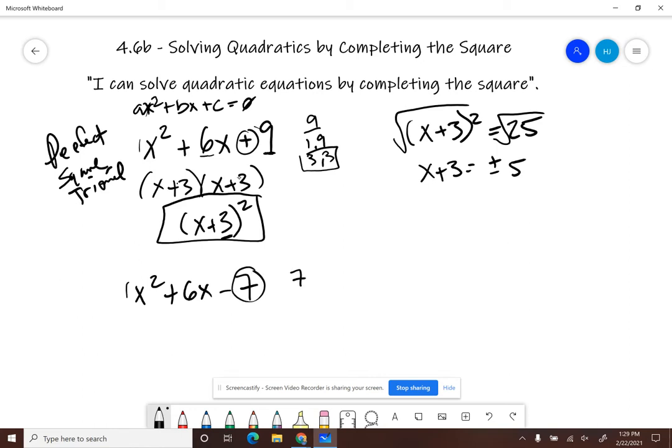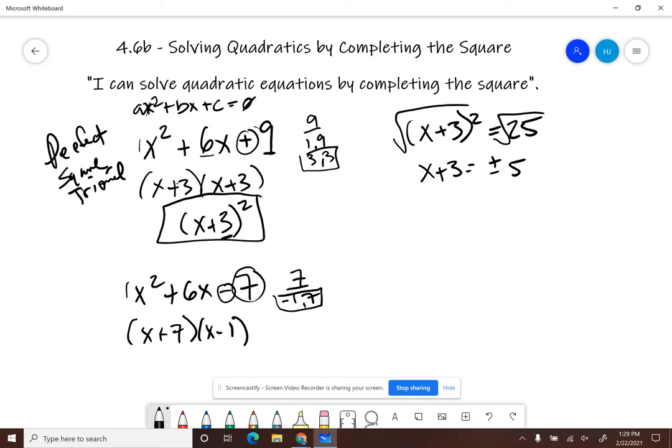So I'm going to think about the factors of 7, which is pretty easy. That's just 1 and 7. But here I have a subtraction symbol, which means that I need to subtract 2 of these numbers to get a positive 6. Well, if I took 7 minus 1, then that would in fact give me what I need. So I could factor this as x plus 7 and x minus 1, and it is factorable.